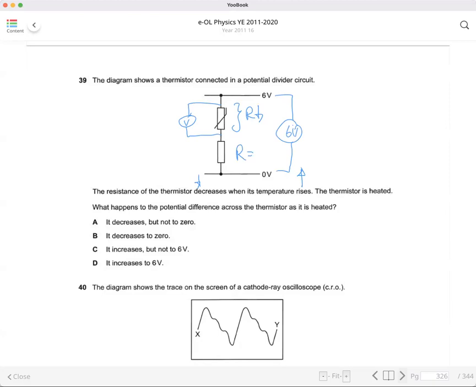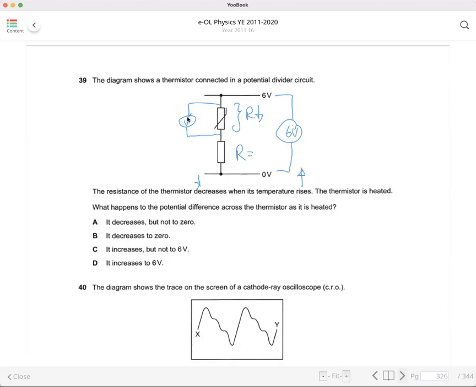Okay, Ryan, same as just now. When the resistor here goes down, the proportion of the resistance over the whole resistor, does it go up or go down? If the proportion goes down, V will go down. If the proportion goes up, V will go up.